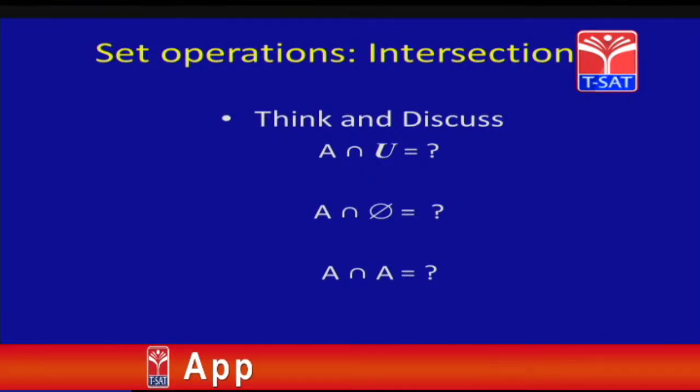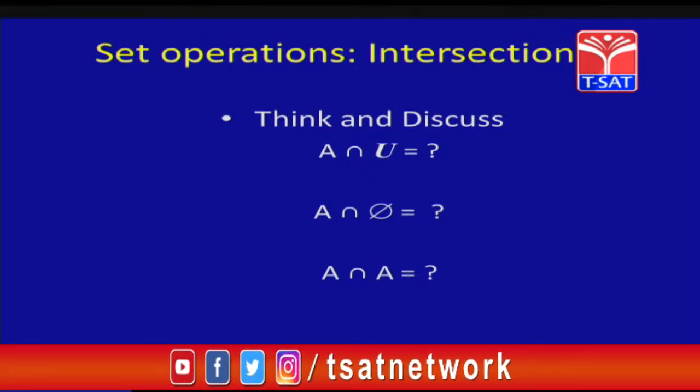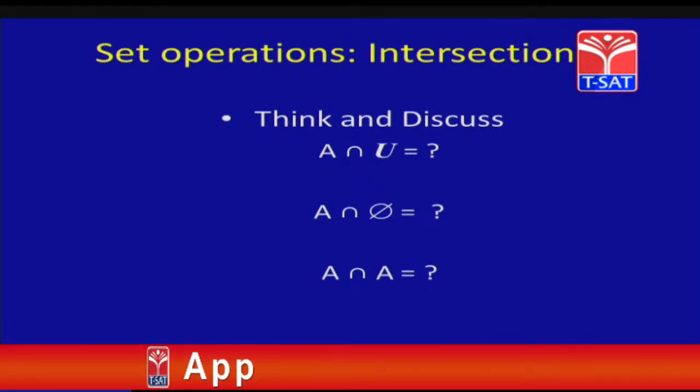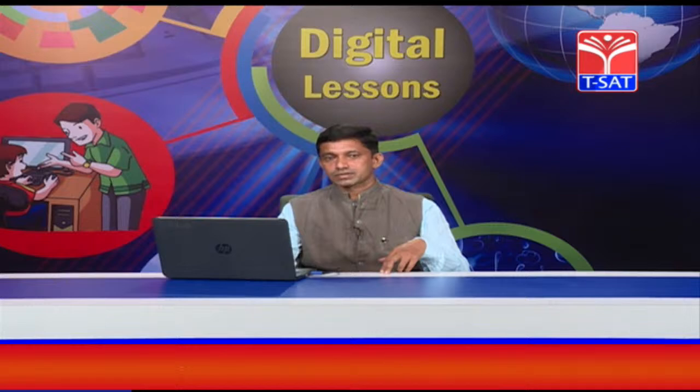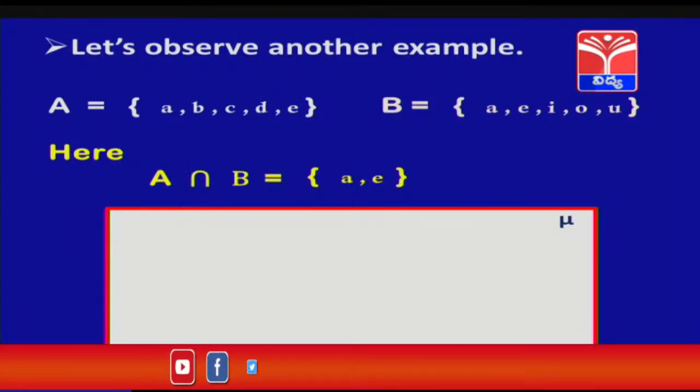And for set operations, again we will think about A intersection mu, A intersection phi, the null set, and A intersection A. Then you can think and discuss, take one or two examples for each one, find out the result, then try to generalize your facts. Yes, one more thing I would like to share with you.